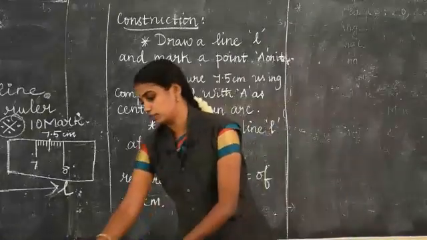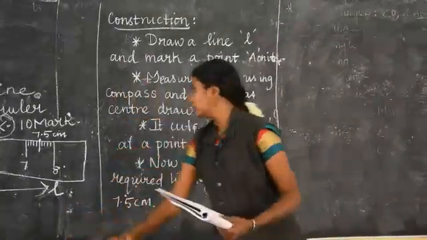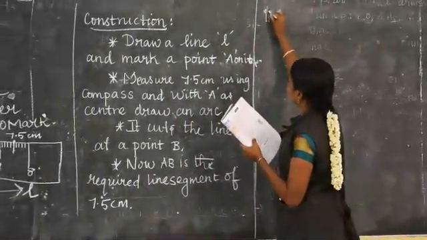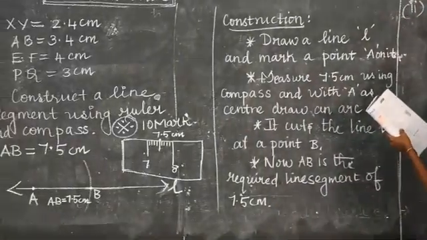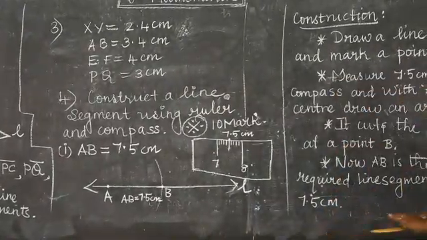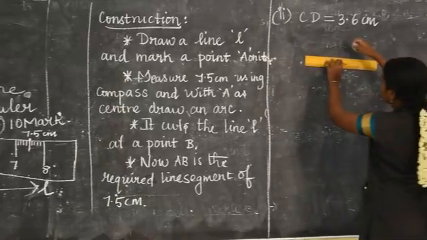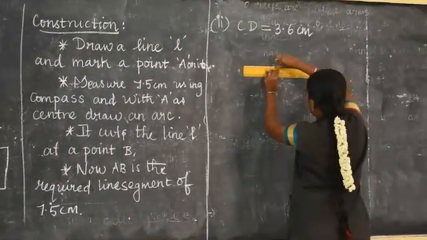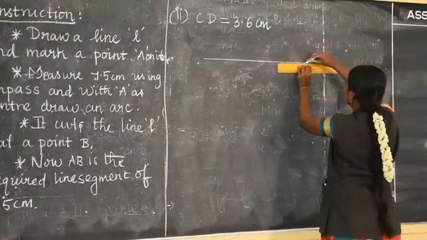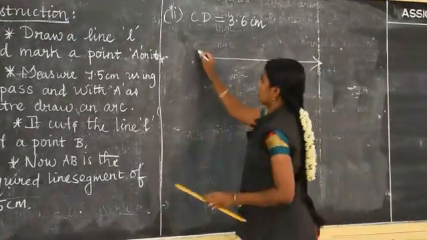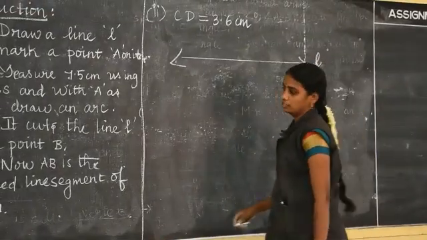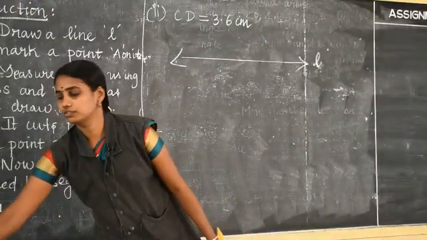Likewise we are going for the next option also. Option 2 is CD 3.6. First draw a line L, same method. Afterwards what will you do?